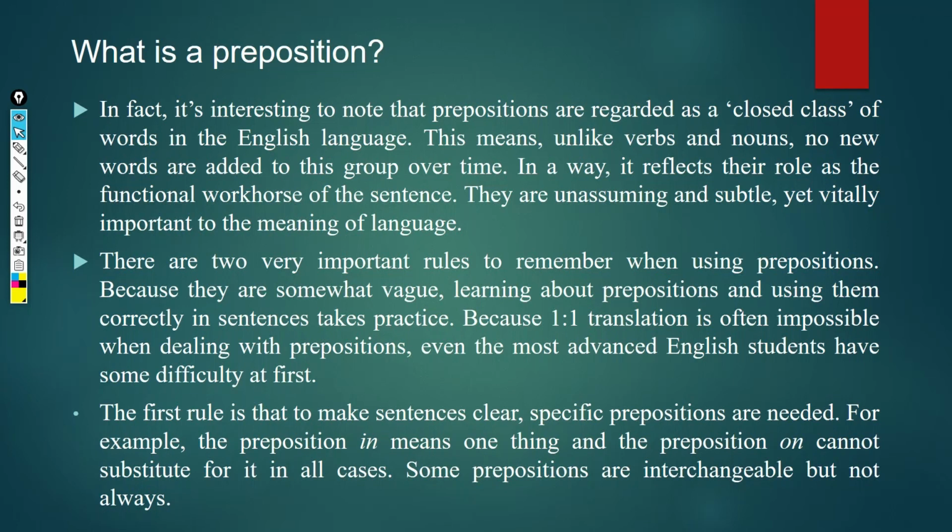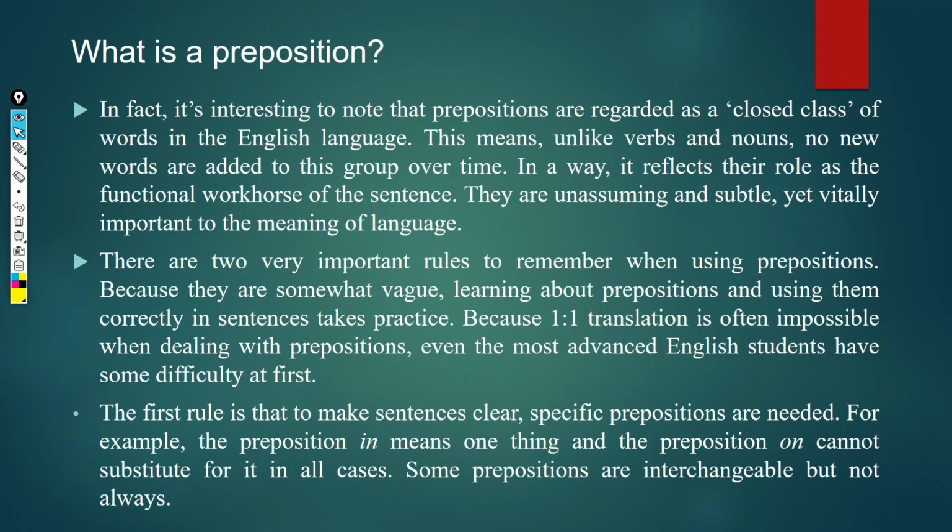Now, there are two very important rules to remember when you use a preposition. What are they? Because they are somewhat vague, learning about prepositions and using them correctly within a sentence requires a lot of practice. Secondly, translation is often impossible when dealing with prepositions. And even the most advanced English students have some difficulty initially.